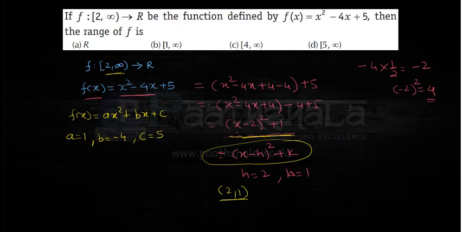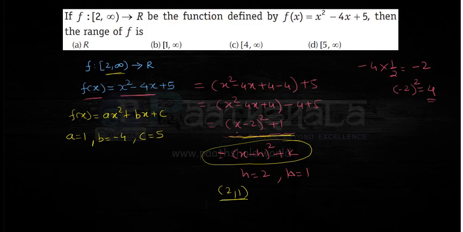So this x minus 2 whole square never has a negative value. If we substitute x as negative or positive, we will get a positive output only for x minus 2 bracket square. So the minimum value of this function f of x equals x minus 2 bracket square plus 1 occurs at x equals 2.